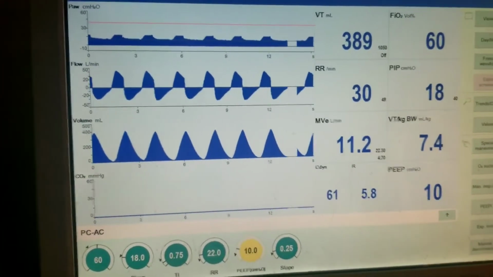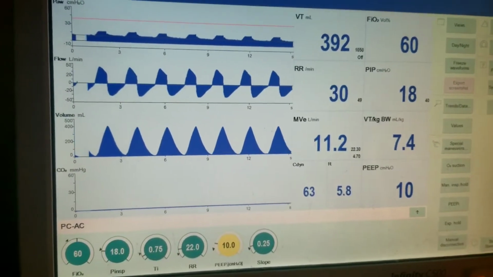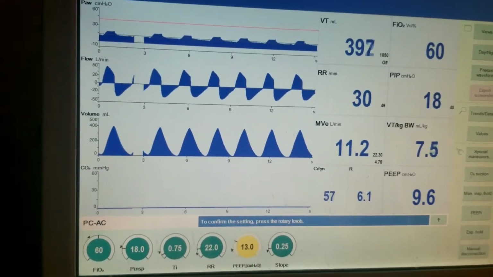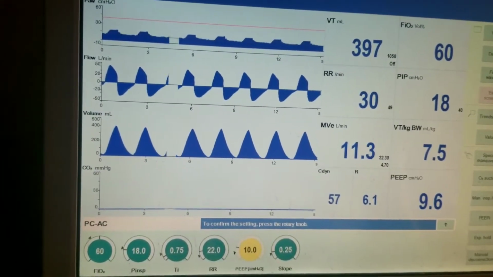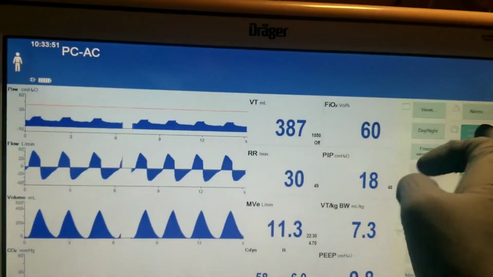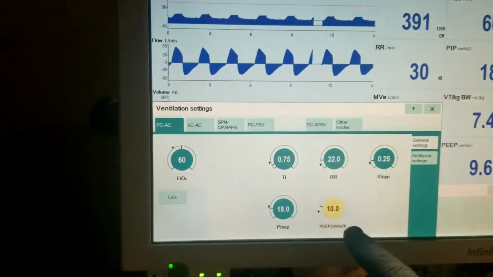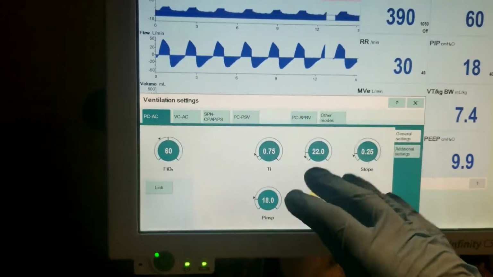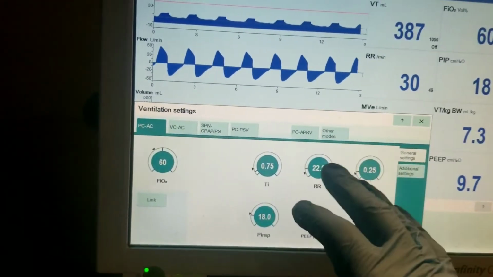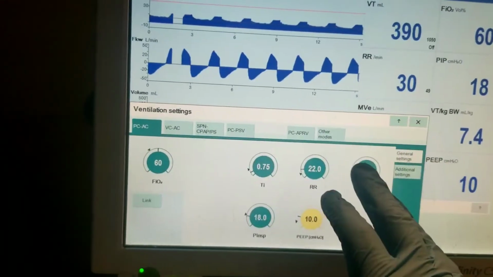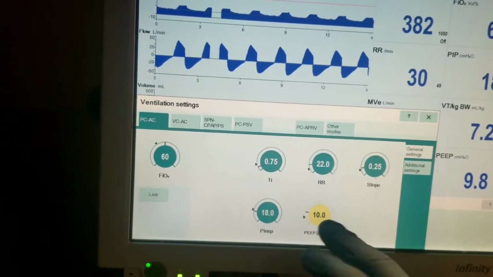Alright, so let's start the PEEP study going higher. This was at 10, so, oh yeah, sorry, vent settings. When you click this, there's going to be a link so you can keep the same drive pressures. With the PulmoVista, it's suggested to do it on ACPC, as well as increasing the PEEP by 2.